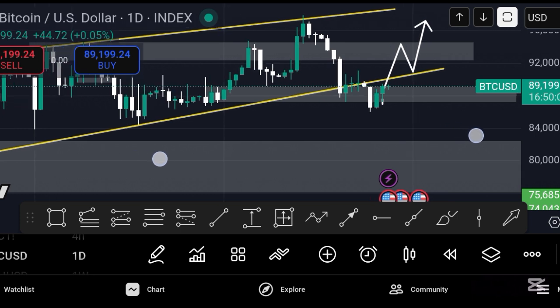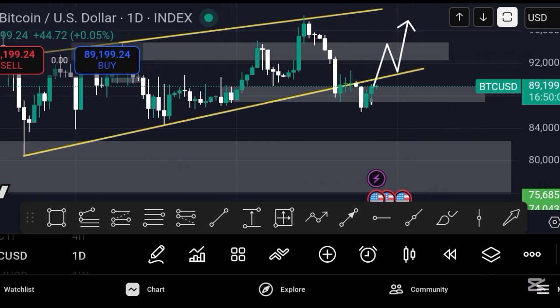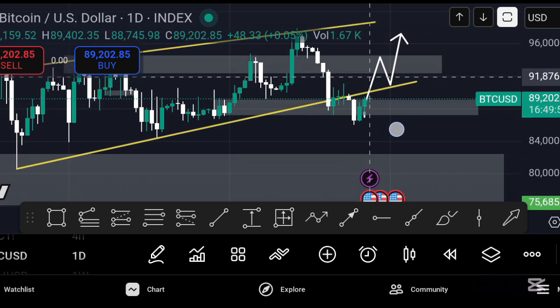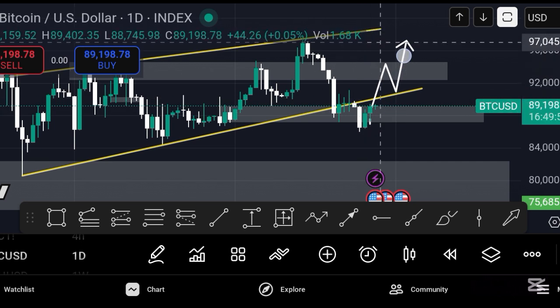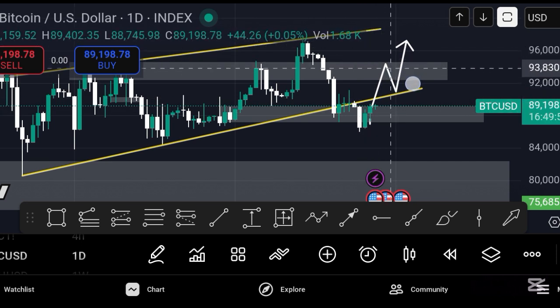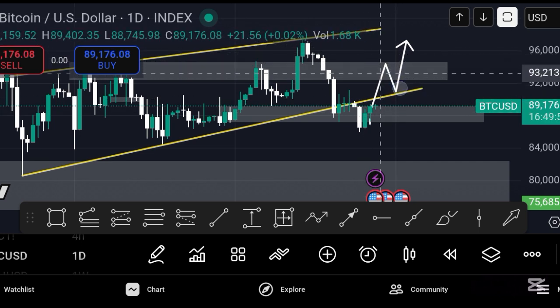As we all know, the crypto market usually dumps during the weekend 70% to 80% of the time. So if we see an impulsive move towards the upside before the week runs out, then I'll be flipping my thesis from bearish to bullish.